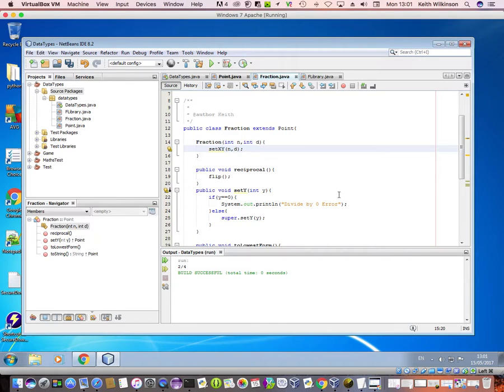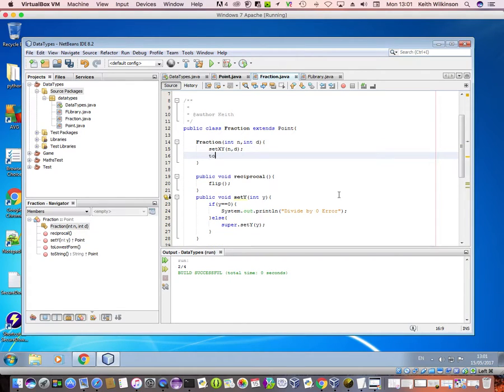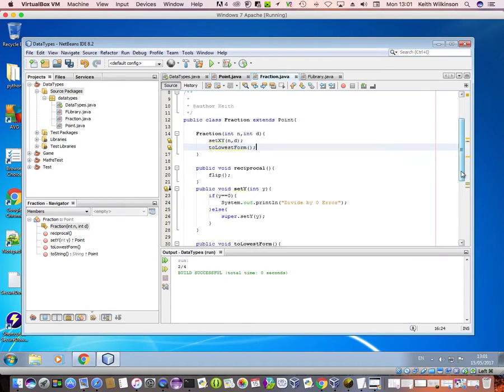So all I need to do here is just to call toLowestForm. I don't need to bother passing any arguments or anything else like that. That is sufficient. So it's going to set n and d, let's say 2/4, and then go to lowest form.